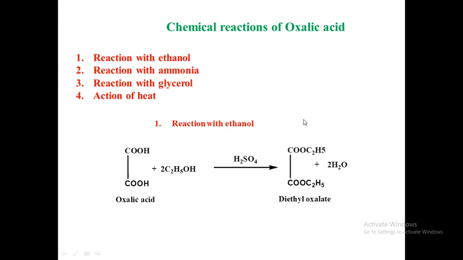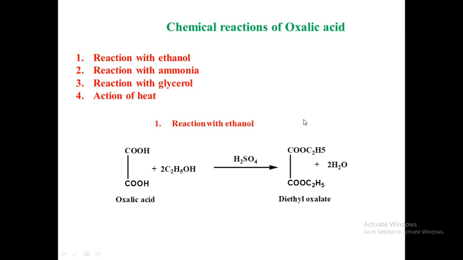Then we see the chemical reactions of oxalic acid. There are four reactions of oxalic acid. Number one is reaction with ethanol, that is ethyl alcohol. Number two, reaction with ammonia. Number three, reaction with glycerol. Number four, action of heat. We see them one by one.